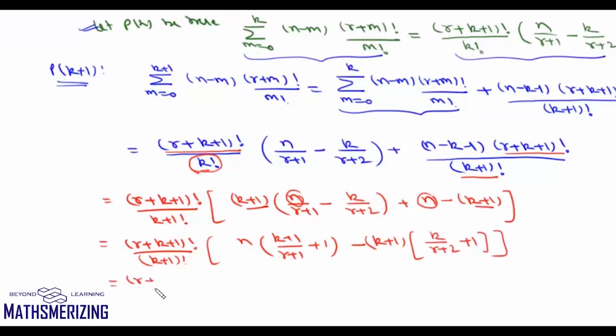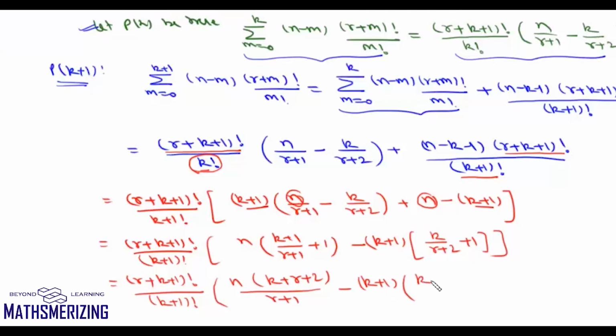So this is r plus k plus 1 factorial upon k plus 1 factorial, and here will be n into k plus r plus 2 upon r plus 1, and then minus k plus 1 into k plus r plus 2 upon r plus 2.